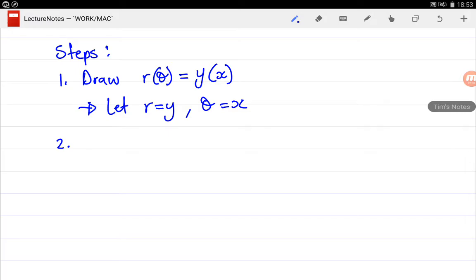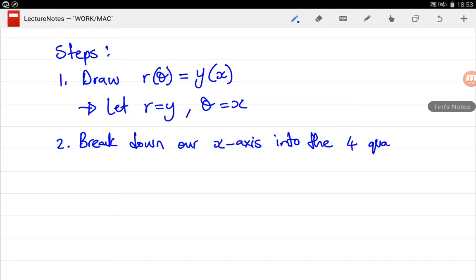Okay, so the second step is we have to break down our x-axis into the 4 quadrants in the polar region.